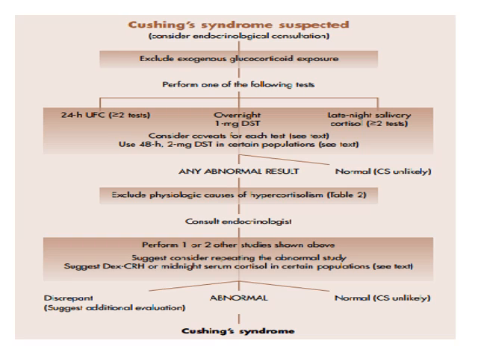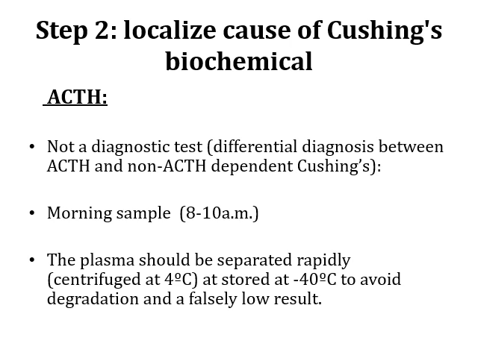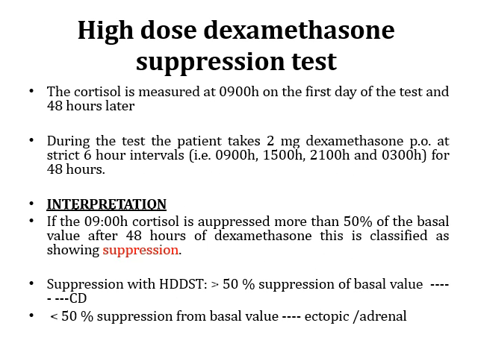And as I told you, step 2 entails localization. In step 2, we are going to use 2 tests. The high-dose dexamethasone suppression test. So mind you that the high-dose dexamethasone suppression test is only used as a localization test in cases with positive screening tests for Cushing.